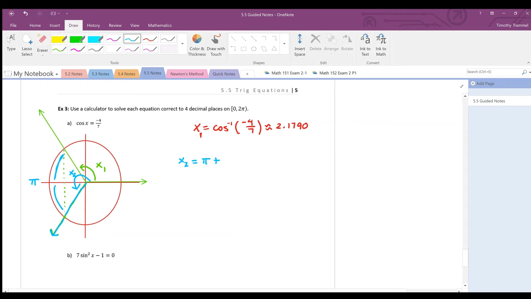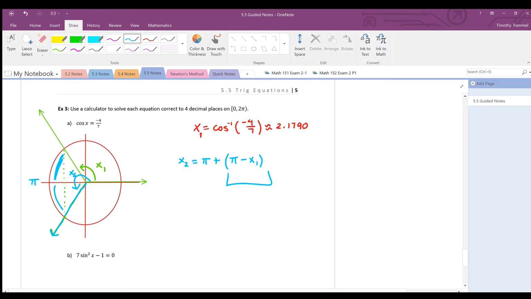Okay. So if we're trying to find this angle here, we could actually do pi minus x1. Right, pi minus x1. If you take away x1 from pi, what you'll be left with is this angle here.